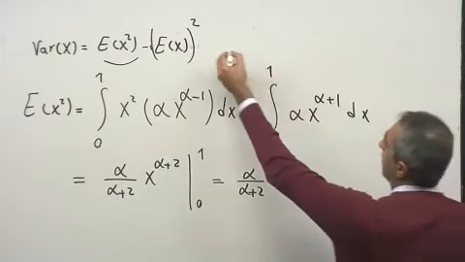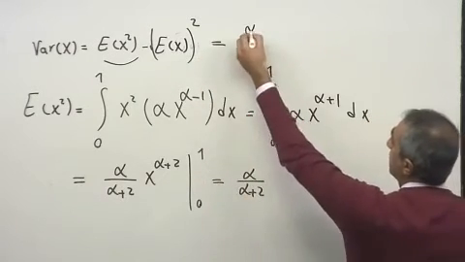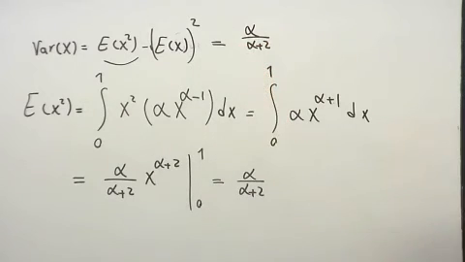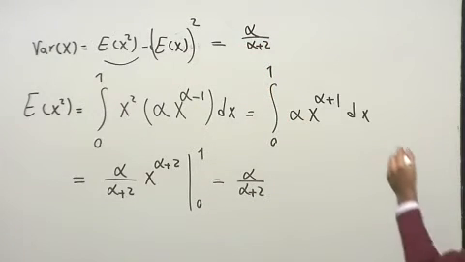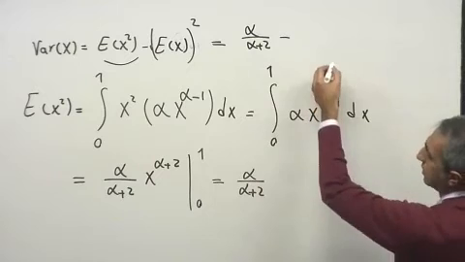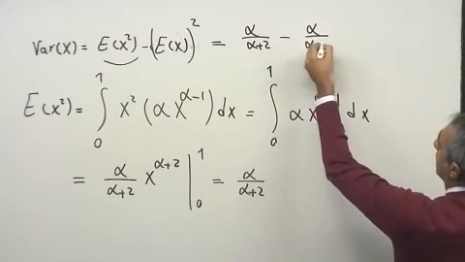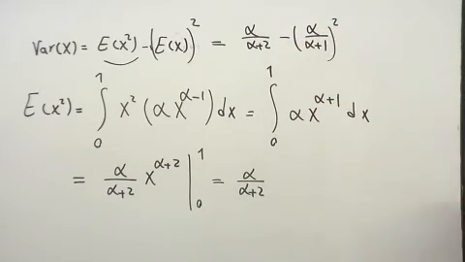And therefore, our variance would be alpha over alpha plus 2, minus alpha over alpha plus 1 squared.